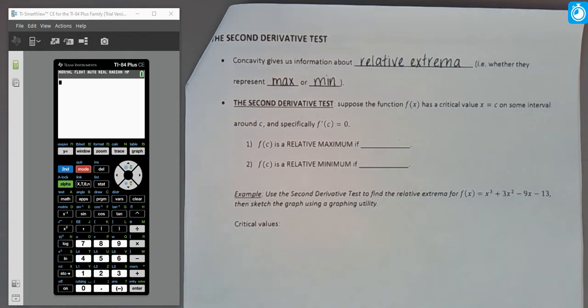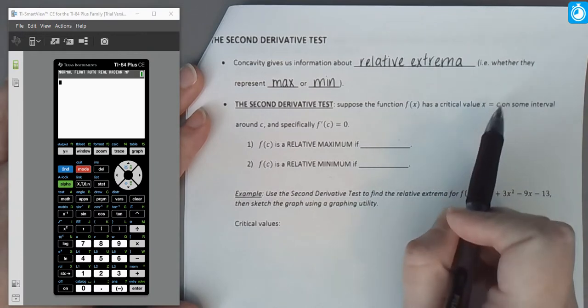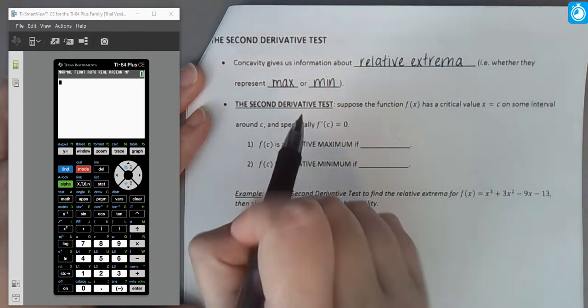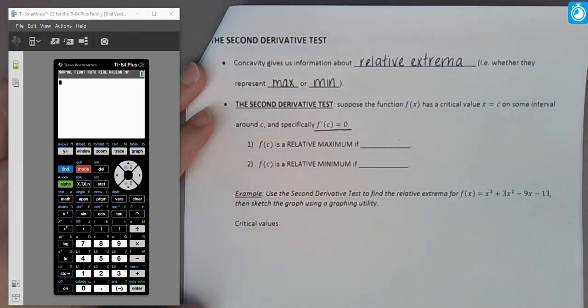Now, if we're going to use the second derivative, we have to limit our definition of a critical value. So suppose our function has a critical value at this particular value of x, but specifically, we want situations where the function's derivative at that particular location is 0.